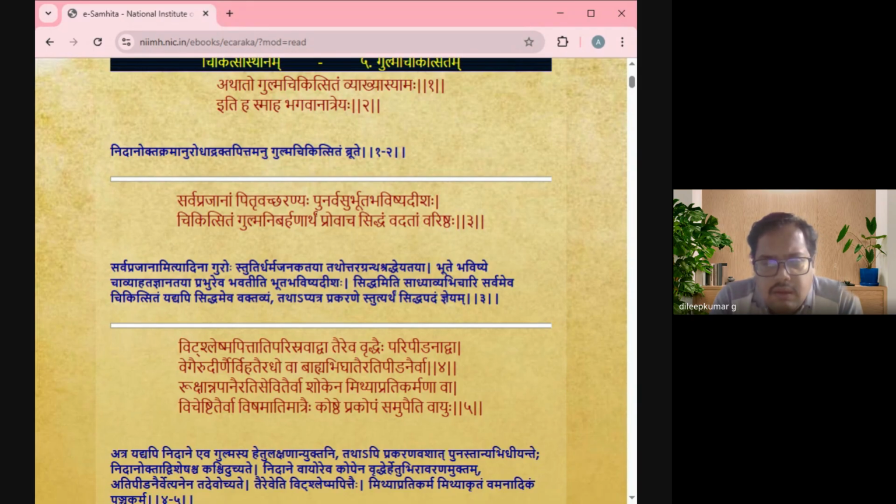Any changes in any of these four layers, or excessive dehydration, or if the secretions become very less, the GIT is usually filled with secretions, fluid, etc. But if the secretion becomes less, what happens? The GIT or the intestine will become ruksha, will become dry. So that is the first step of gulma pathology.